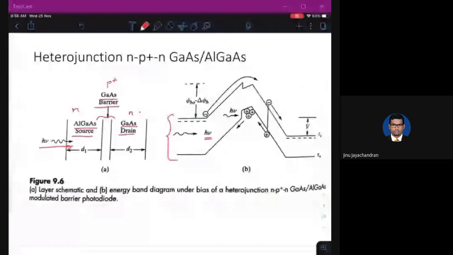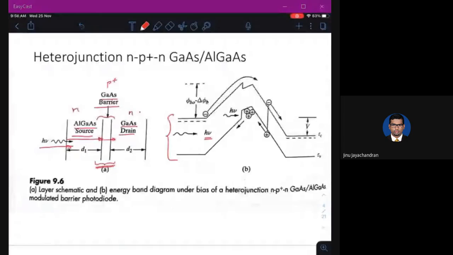The photon will pass across this aluminum gallium arsenide source and reach the barrier. The barrier thickness is very, very small, and at this thickness the photon cannot be absorbed. So it crosses the barrier and reaches the drain.